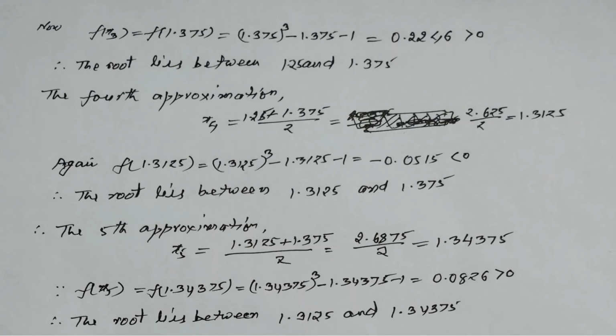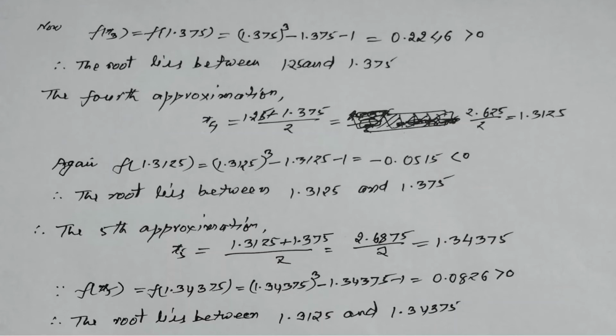Now f(x3) equal to f(1.375) equal to 1.375 whole cube minus 1.375 minus 1, which after some simplification becomes 0.2246, which is positive, and therefore the root lies between 1.25 and 1.375.